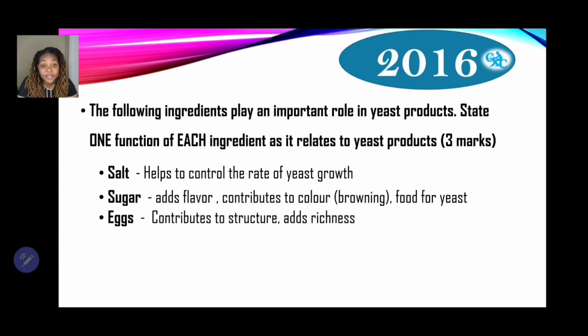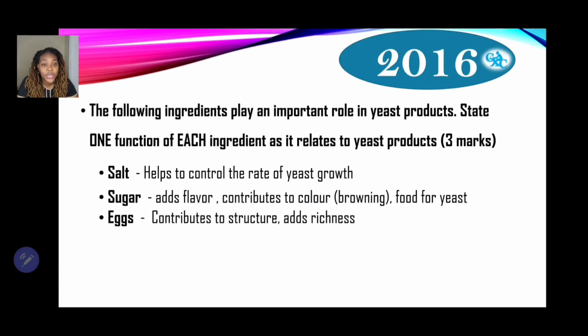The product will expand too quickly and then collapse, right? And then we'll have a poor product. And if there's too much salt, the yeast growth can also be affected. It can be retarded, and then we'll not have that ideal or quality product that we're looking for, right?